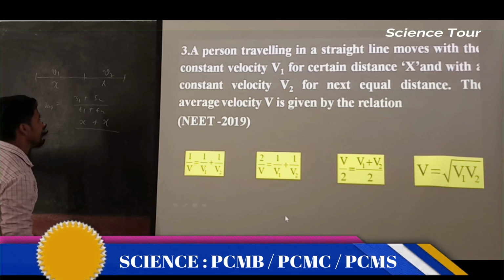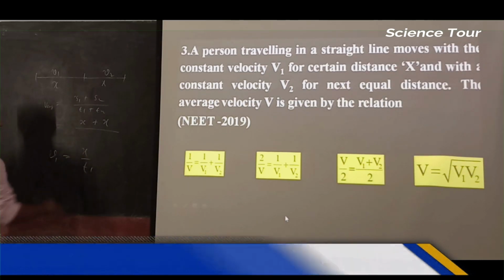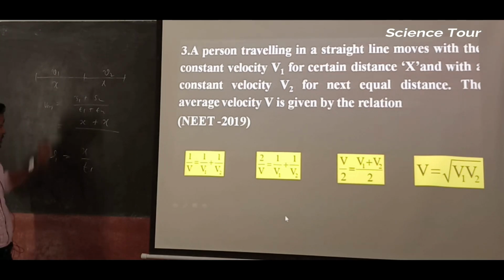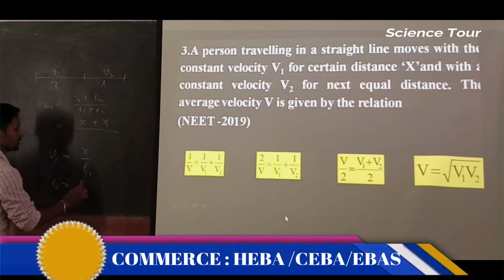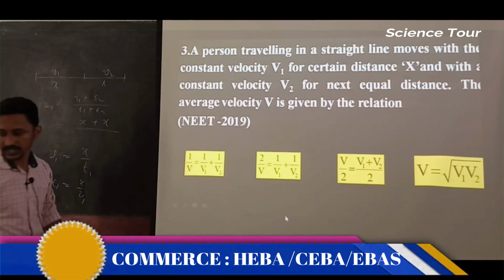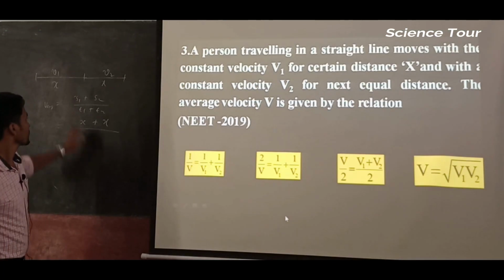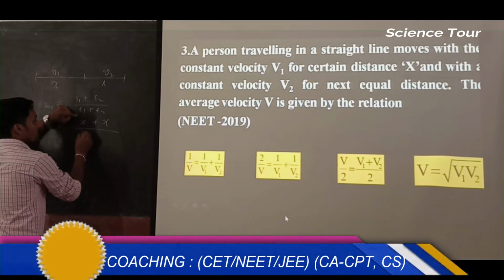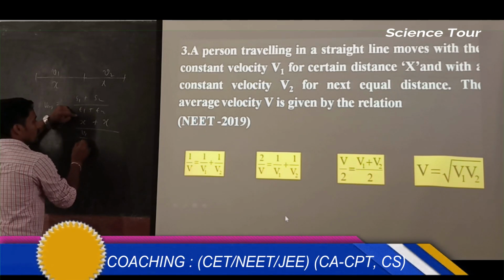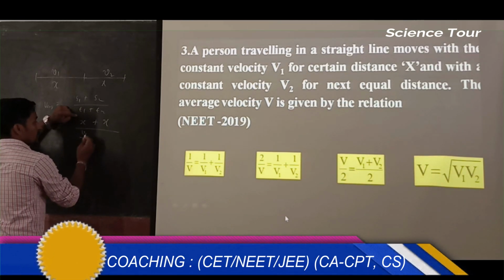You have to apply t, t is not given, but we know velocity is equal to displacement by time, and t1 is equal to x by v1. If you apply and substitute that here, this formula for t1 is velocity equal to displacement by time, no.